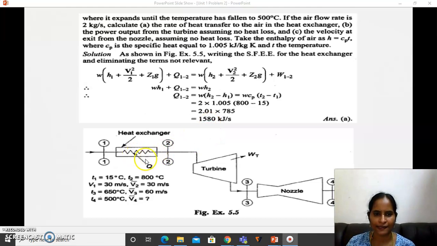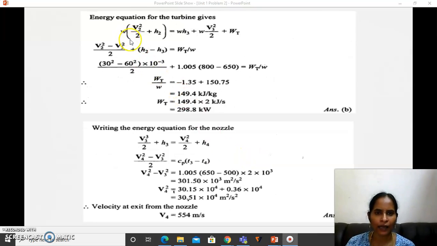Unwanted terms in the SFE can be neglected, and finally you can find the heat supplied. Then again you can write the equation for the turbine and find the work output, because the turbine terms would have the change in enthalpy and velocity, since they have given the velocity, and finally it concludes with the work done.